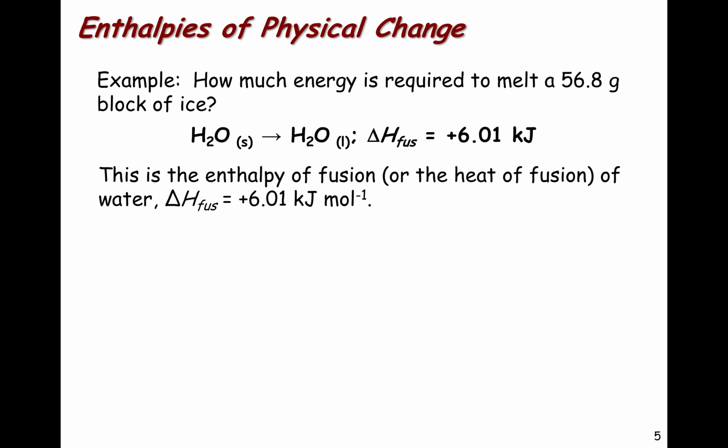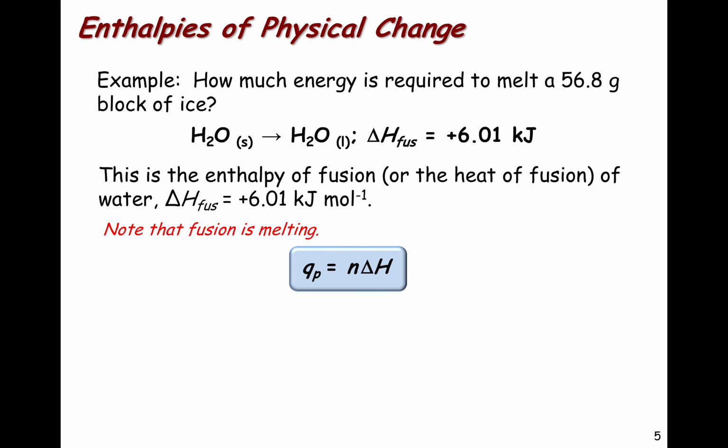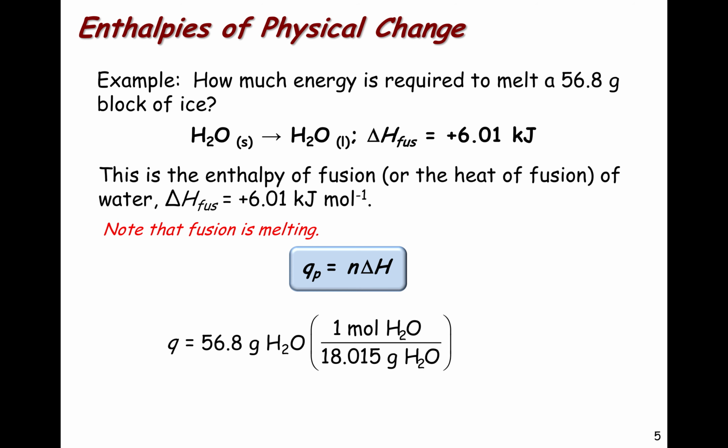So the calculation will involve the melting process, and we know that in this case the heat would be equal to the number of moles, the n in this equation, times the heat of fusion, which would have units of kilojoules per mole. So if we plug our numbers into the calculation, first of all we have to convert the 56.8 grams of water into moles.